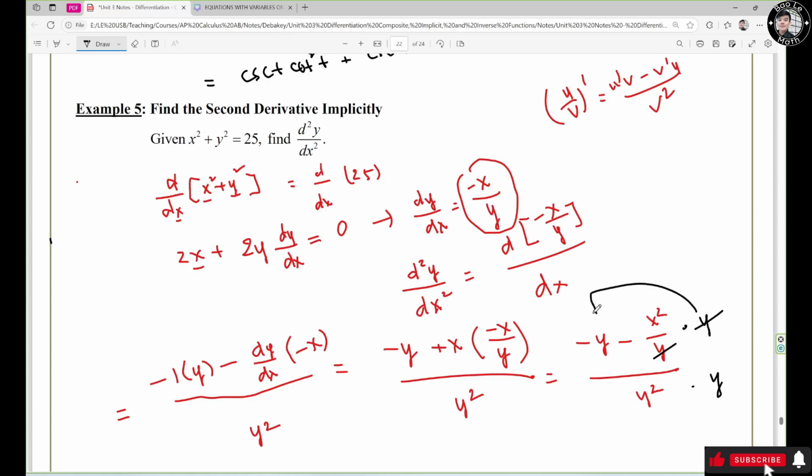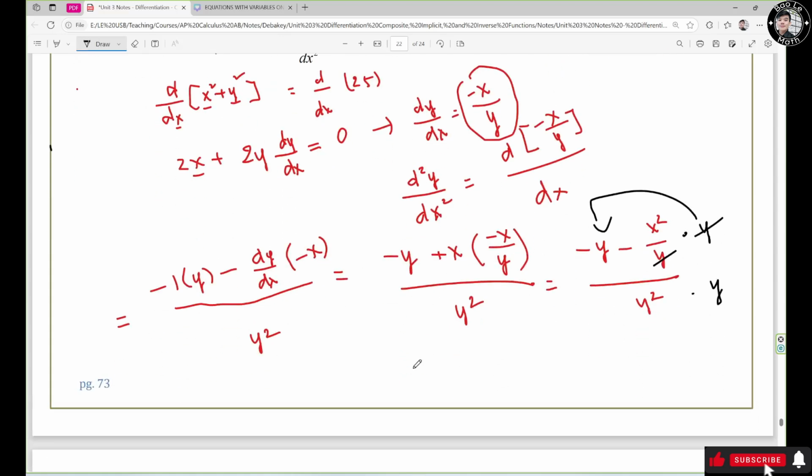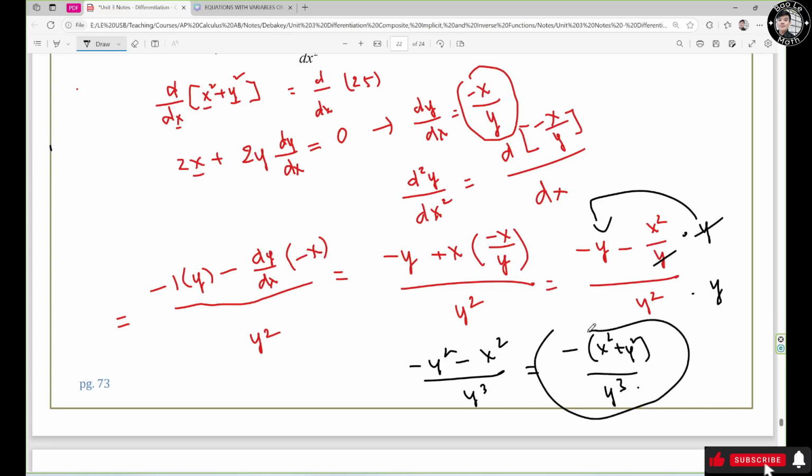Don't forget to distribute. So it's going to be negative y squared minus s squared over y cubed, or you can factor the negative out, so it is negative of s squared plus y squared over y cubed. This is the answer for the second derivative.